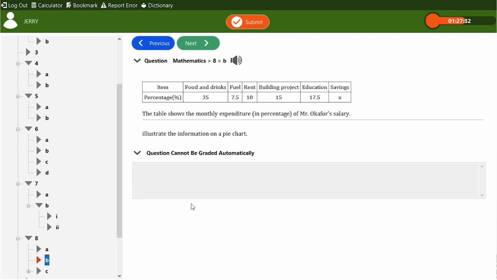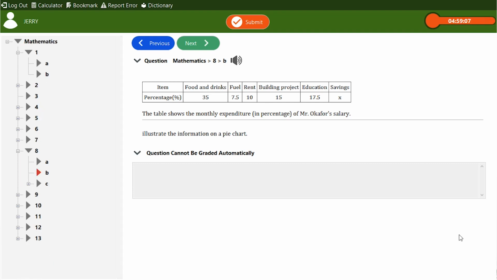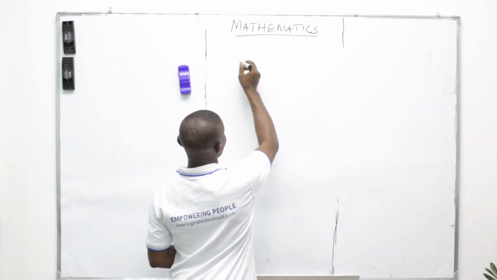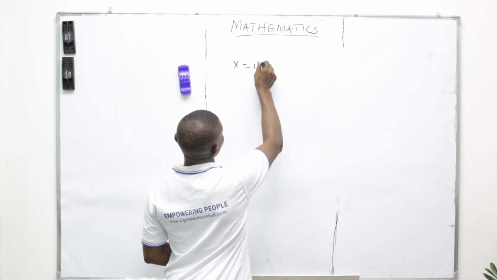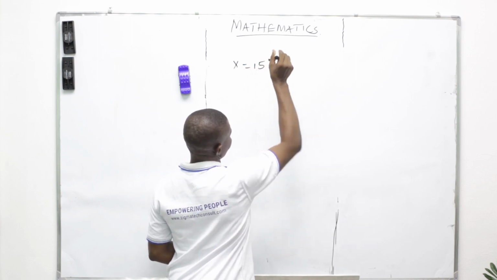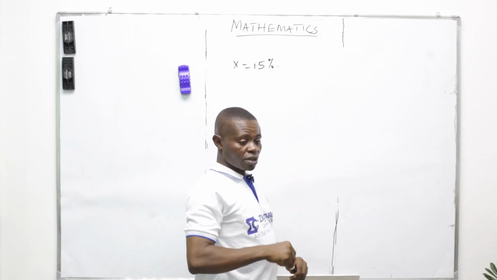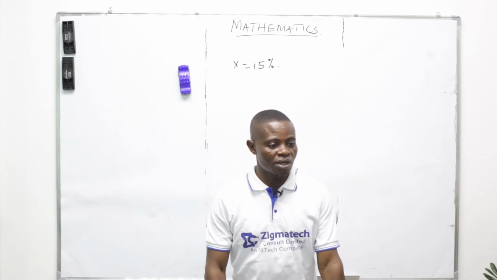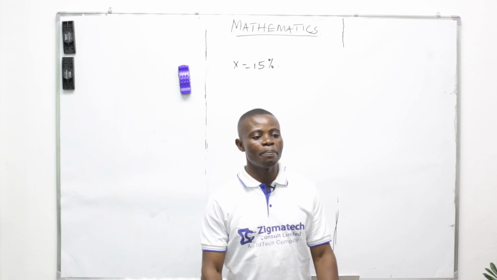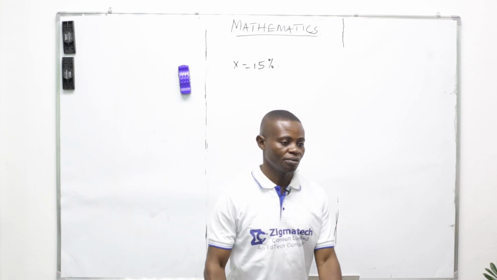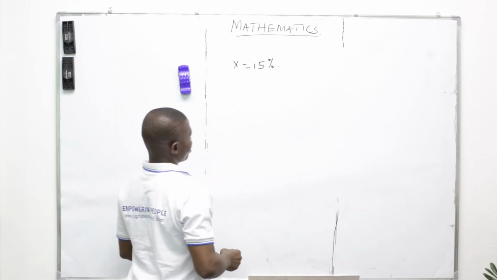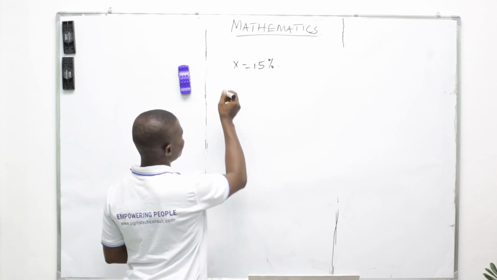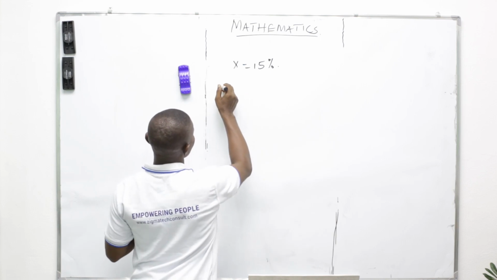Illustrate the information on a pie chart. Now we have seen that the value of S for question A is 15%. Now let us answer question B. Question B, illustrate the information on a pie chart. We have food and drinks, which is 35%.